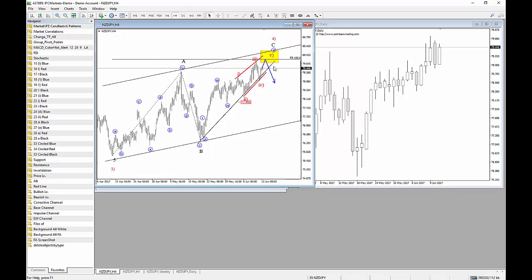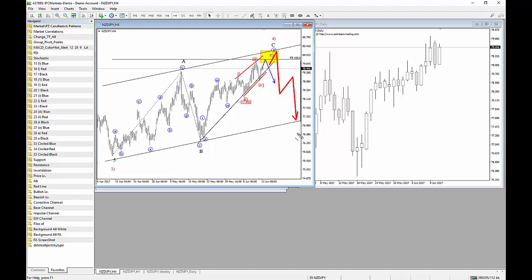It's still not confirmed as a completed correction, but it appears that we can be running here into the final stages of wave 5 of C, of a 3-wave recovery. So I'm expecting a reaction, probably tomorrow after the Fed, from this upper channel resistance line. If we see a decline in aggressively near, then definitely I will keep an eye on pullbacks.